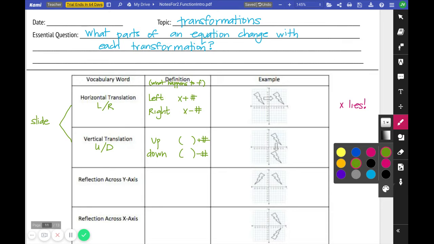Except for now, it's going to happen outside the parentheses, right? Here, this was specifically happening to x, and then maybe something happened after we add or subtract. But now we're going to do our thing first and then add or subtract. So it's whether we're inside the parentheses or outside the parentheses.